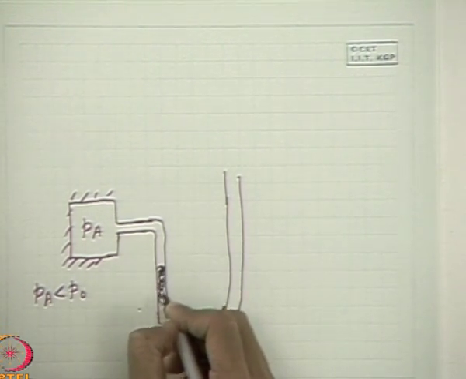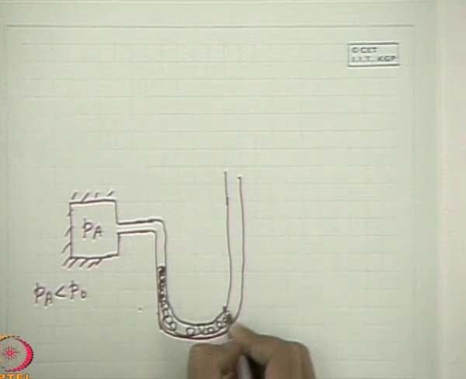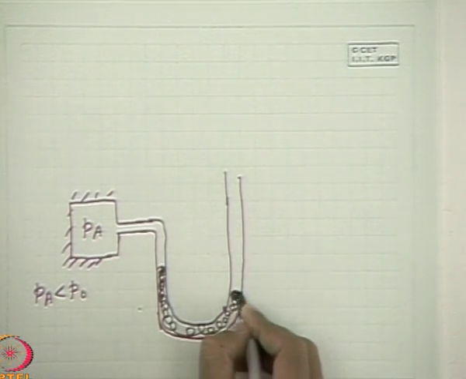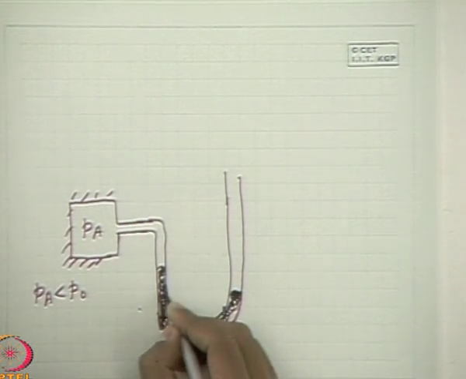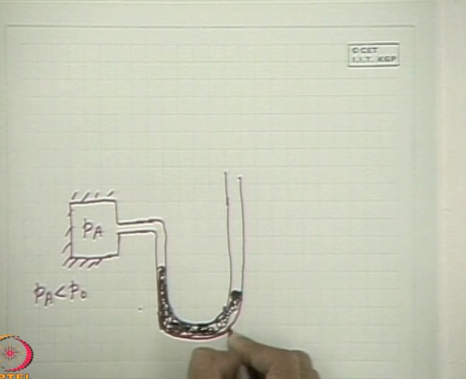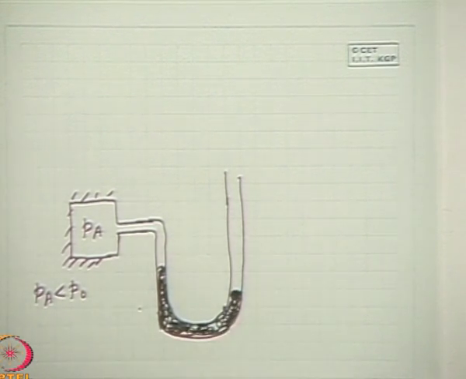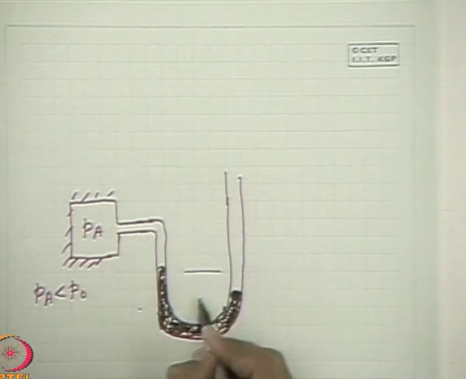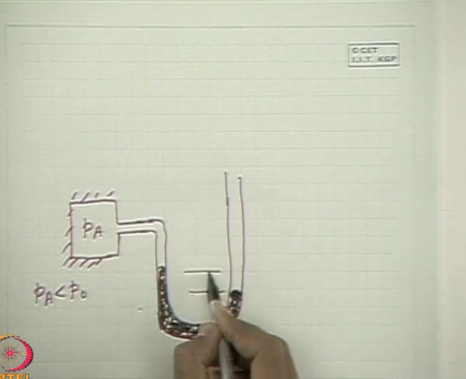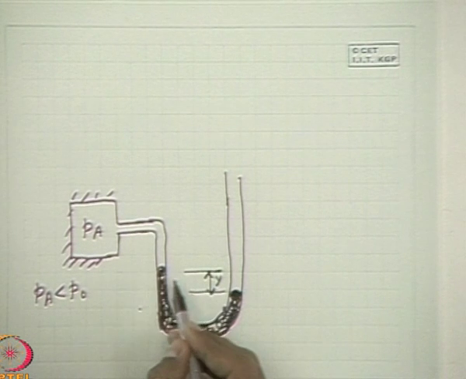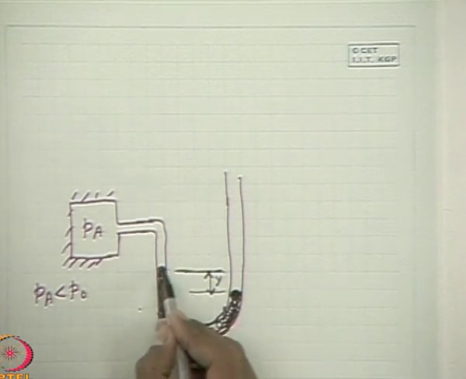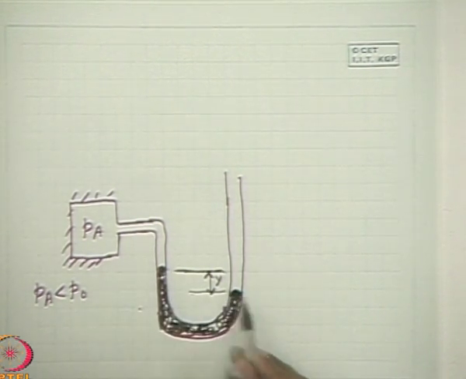So this will be the manometric fluid, and this will be the depression or the elevation, whatever you call it, the deflection of the manometric tube. This is the interface or meniscus, and this is the free surface.